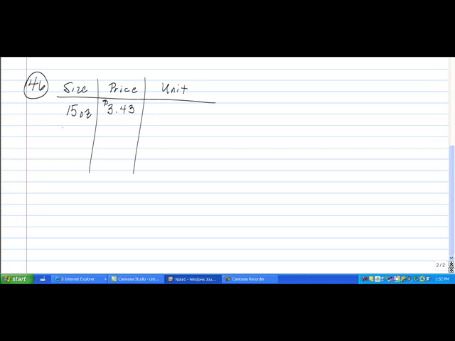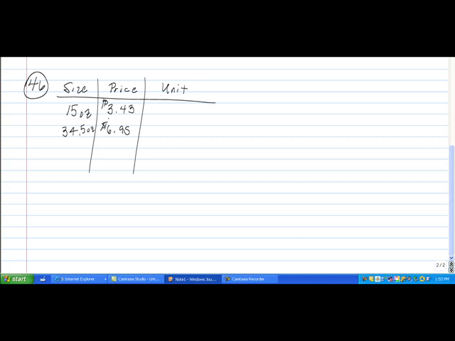Other times you have to figure it out for yourself, so that's why they're wanting us to do this. The other size is $6.98. Okay, so the unit price, what we want to do is figure out the price per ounce in this case. So I take the 343 and divide it by the 15 ounces.